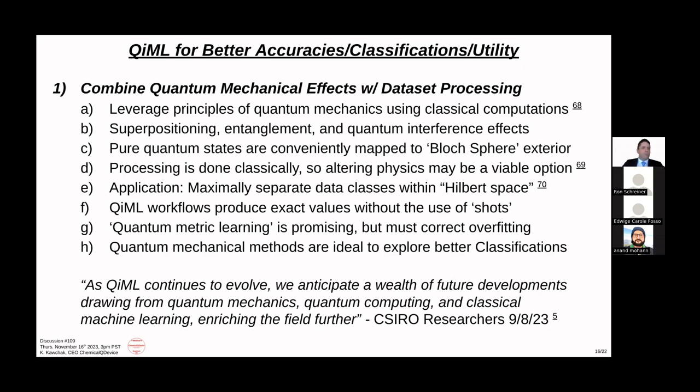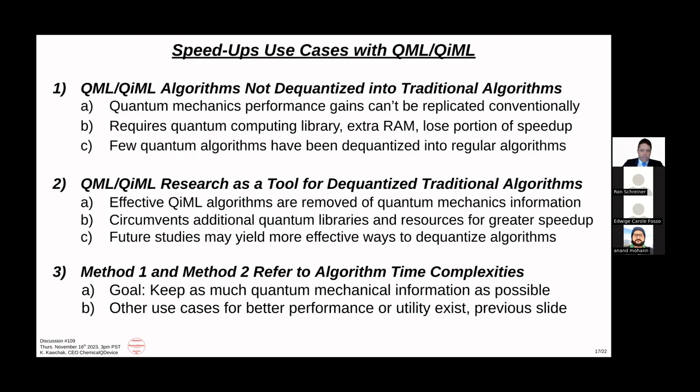It's a quantum-inspired machine learning survey paper, and it's quite long. They say, as QiML continues to evolve, we anticipate a wealth of future developments drawing from quantum mechanics, quantum computing, and classical machine learning, enriching the field further. This was September of this year, so I should have the references up later today or tomorrow.